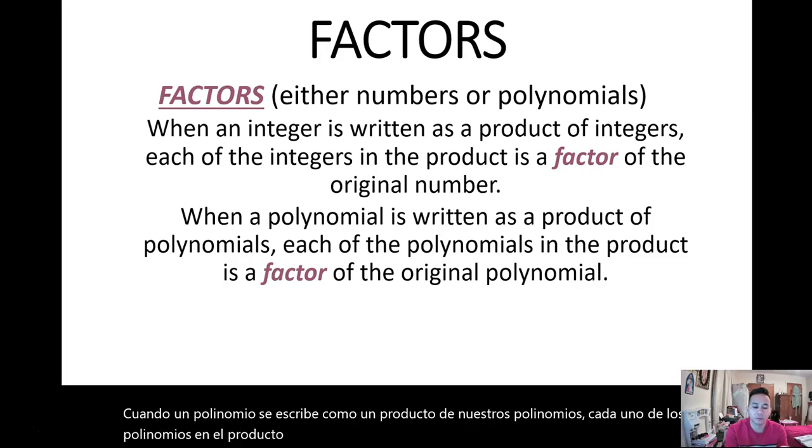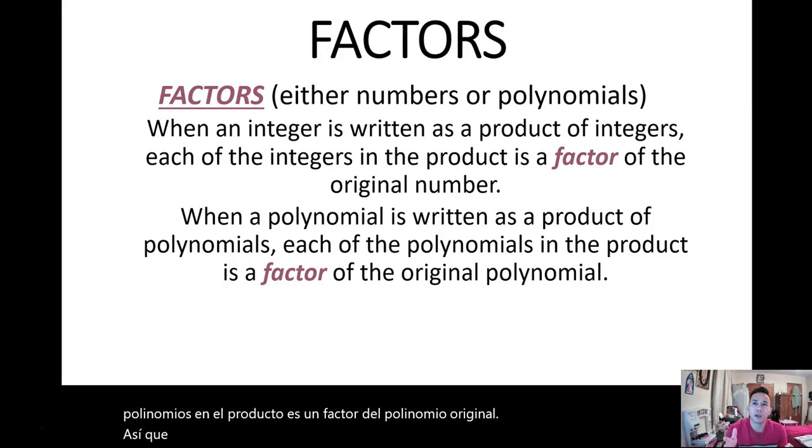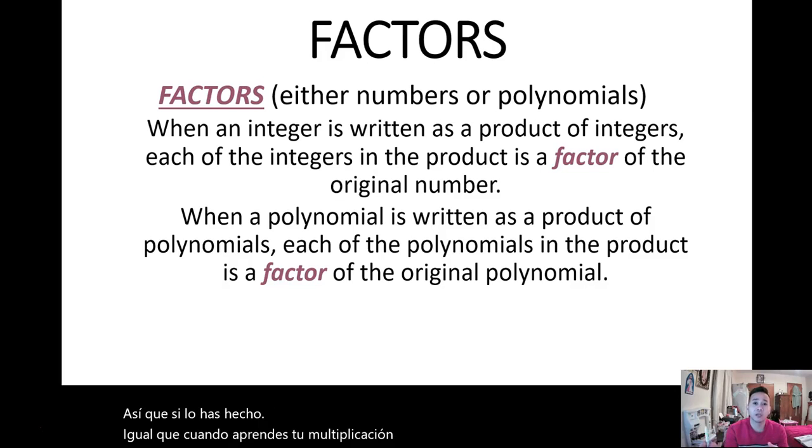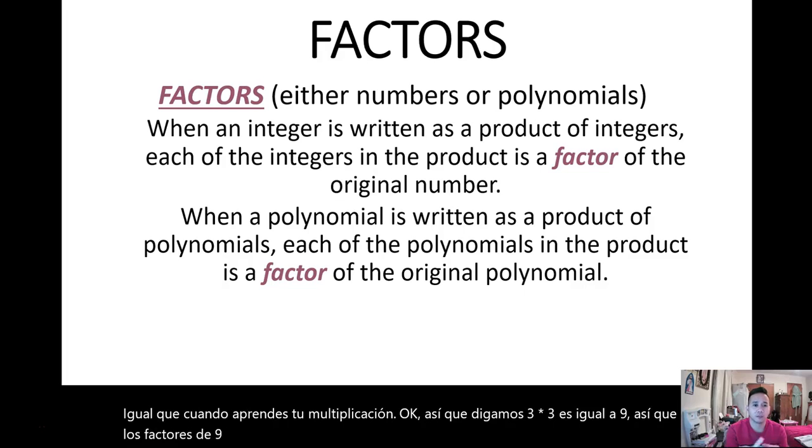It's the same as when you learned your multiplication, okay? So let's say 3 times 3 is equal to 9. So the factors of 9 in that situation are 3 and 3, right?